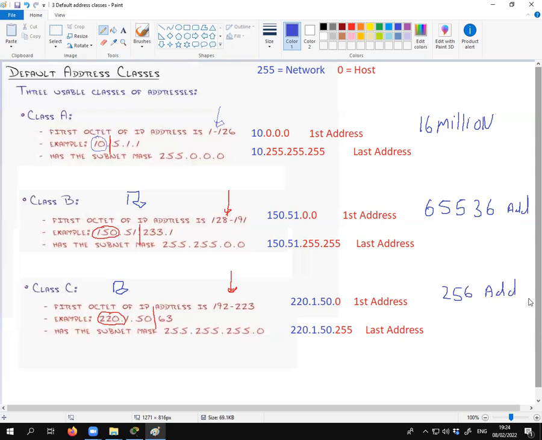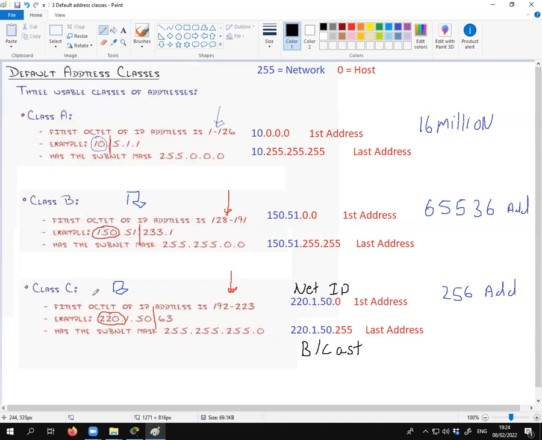The very first IP address is considered the network ID. You can't use it. You cannot assign it to a device. So the very first address is called the network ID, and the very last address is reserved as the broadcast.